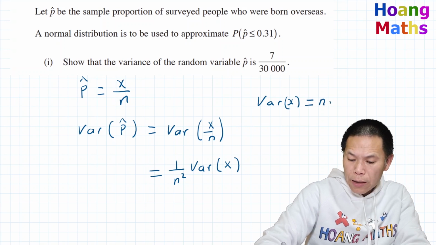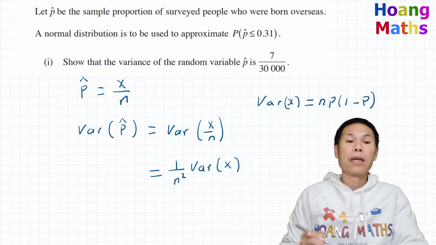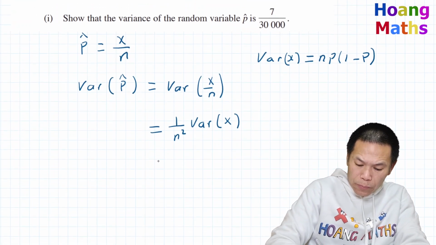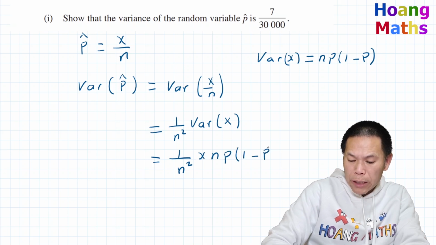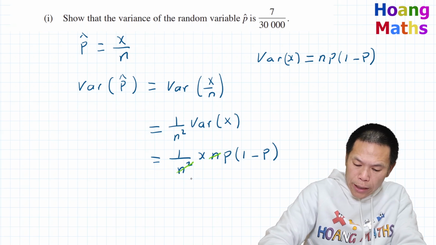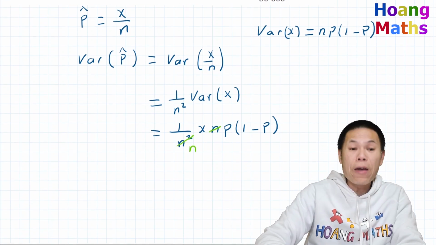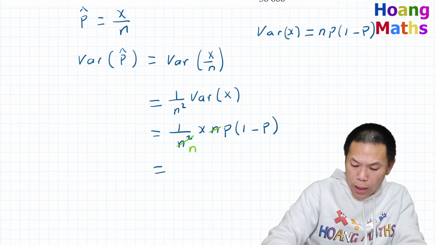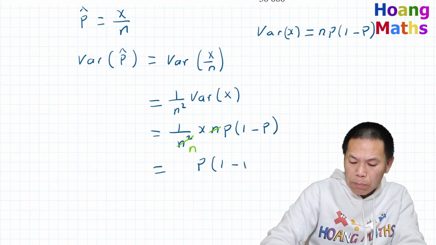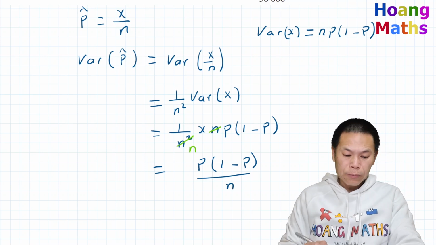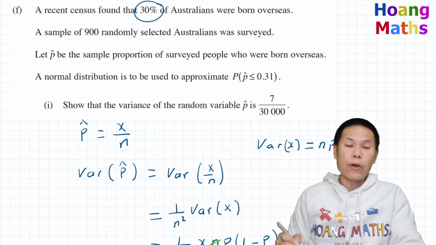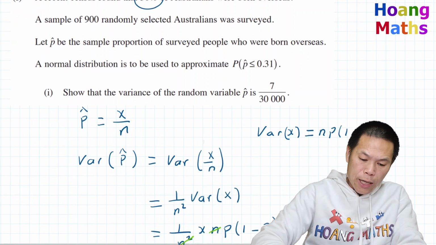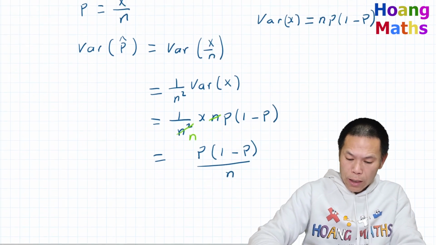We know that the variance of x is np(1 minus p). Okay, keep that in mind. So we just substitute that in. That will give me 1 over n squared times np(1 minus p). So I can just cancel this out, that gives me n. Therefore, the variance of the sample proportions is p(1 minus p) over n. And we know that p is the success rate, that is 0.3, and the sample size is 900.